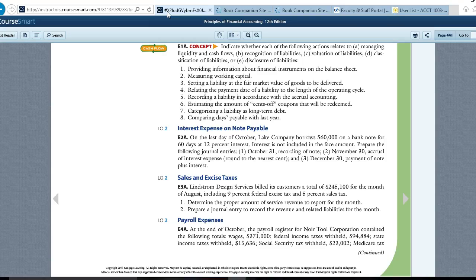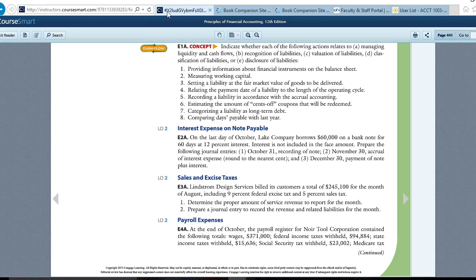So if you think about this, let's get on our math hats, our algebra hats. $245,100 includes all of it, okay? But we want to break out and only show what our sales are, because the rest we pay in. So if 9% is excise tax, 5% is sales tax, that totals 14%.